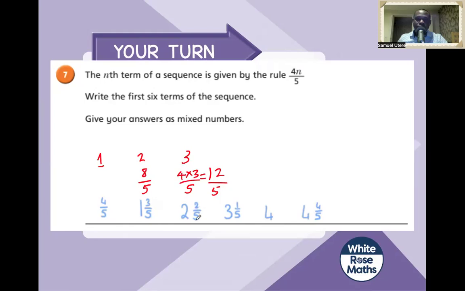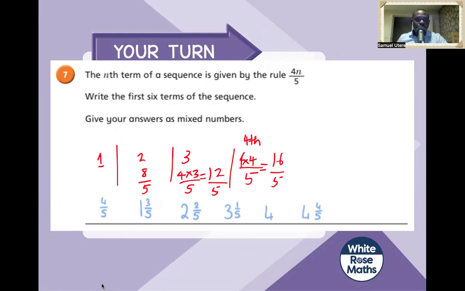So I'm left with 2/5. And that's what I did here to get all these. So this one will be 4 times 4, because that's the fourth position, divided by 5. So that's 16/5. Okay, you say, oh, I get it now. So that's 3 1/5.